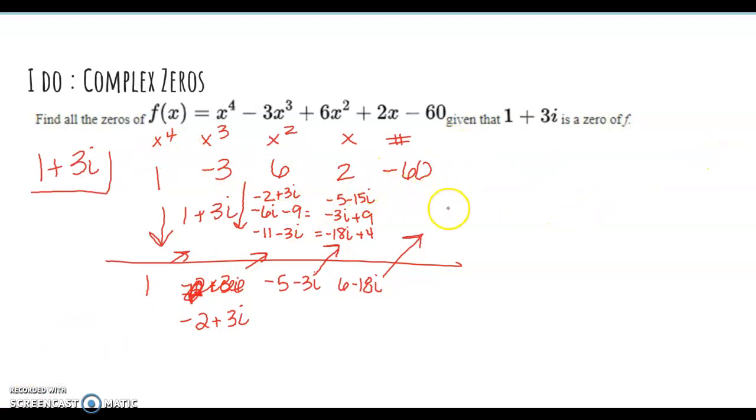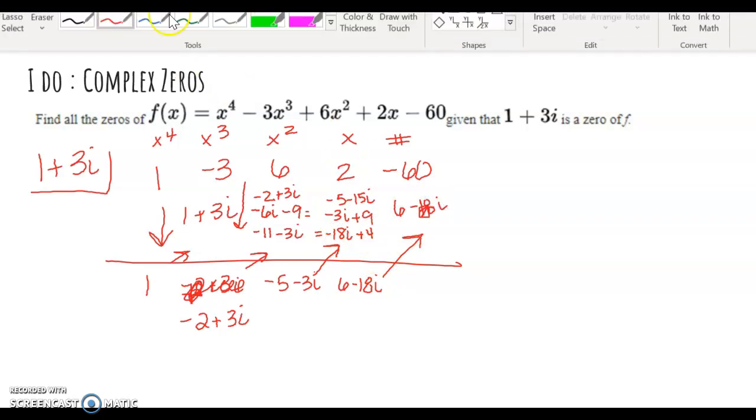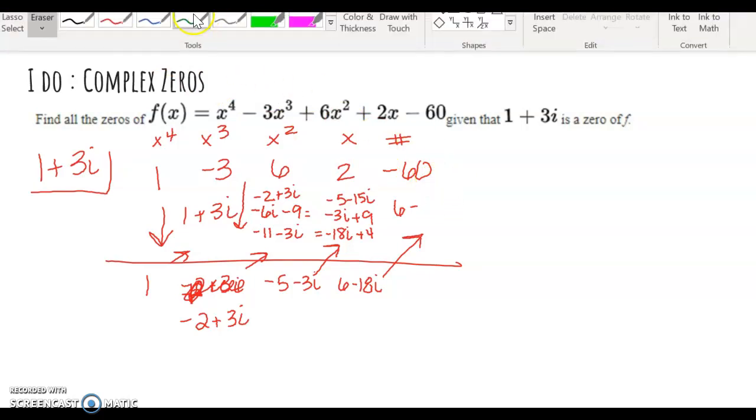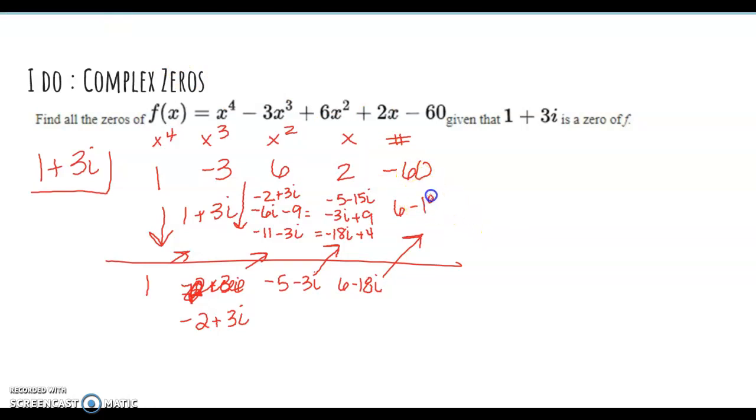1 times 6 is going to be 6. 1 times negative 18i is negative 18i. Negative 18i times 1 is negative 18i.